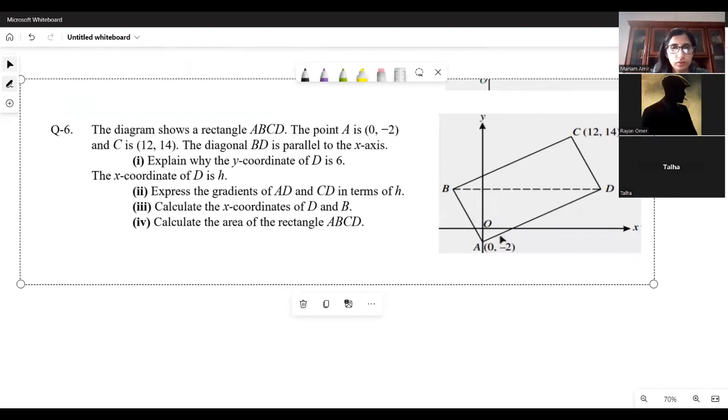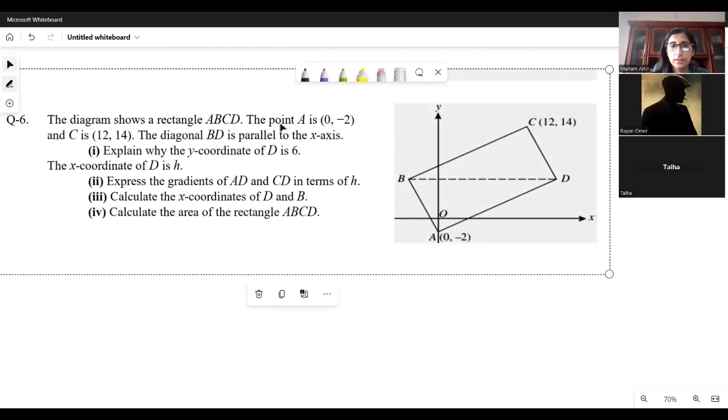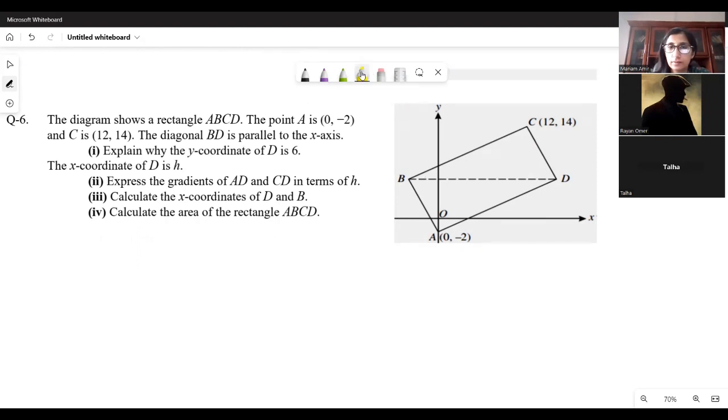So this question is, the diagram shows a rectangle ABCD. Point A is (0, -2). Point C is (12, 14). The diagonal BD is parallel to the x-axis. So this line is parallel to the x-axis, these two lines are parallel.